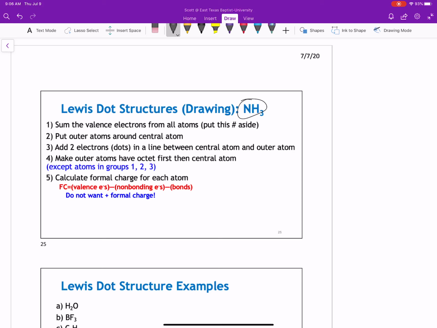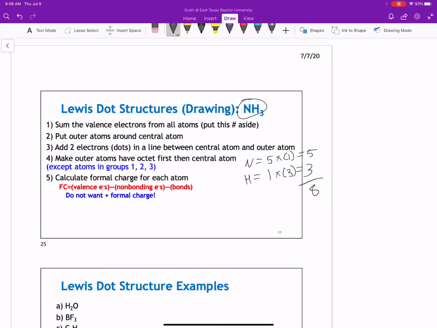How many valence electrons does nitrogen have? Hopefully you're getting skilled at this. You should come up with 5. How many valence electrons does H have? 1. But there's 3 H's in this molecule, so we're going to say 3. There's only 1 nitrogen. And so we have 8 total valence electrons to work with.